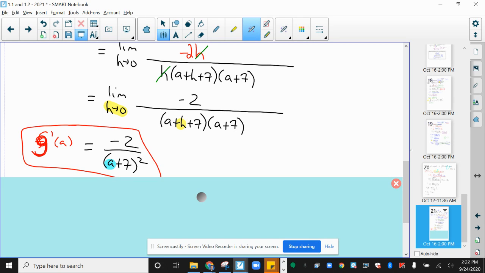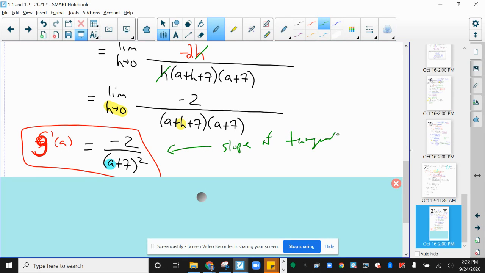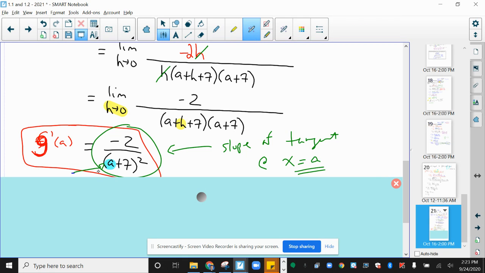Yes, it has a's in it. That was expected, because this a is an x value, right? Remember, this was the slope of the tangent at x equals a. So this is representing all the slopes now. If you want the slope when x is 0, put 0 in there. If you want the slope when x is 1, put 1 in there.